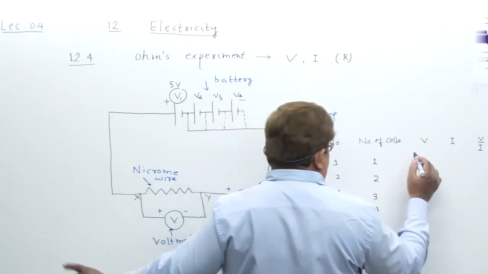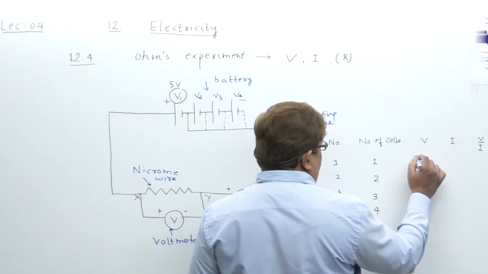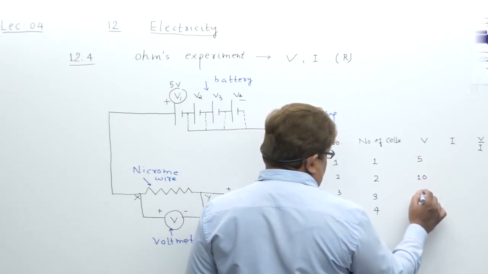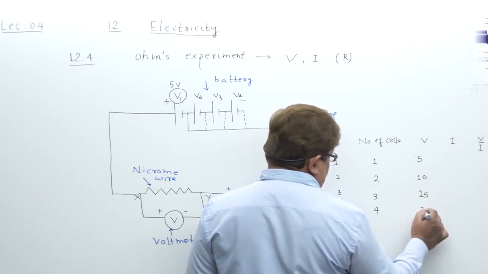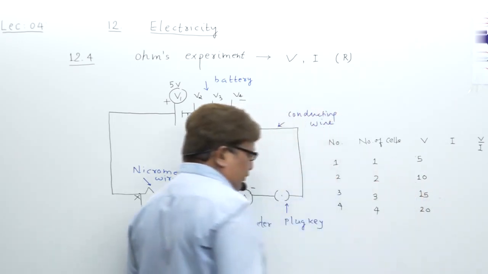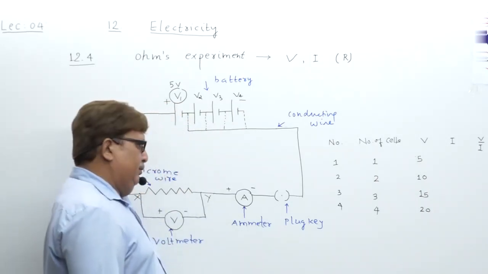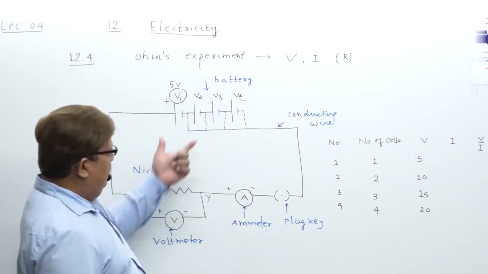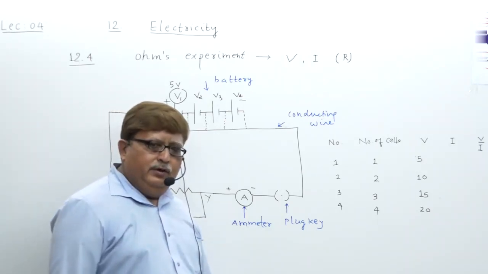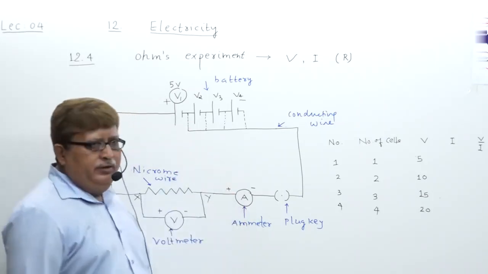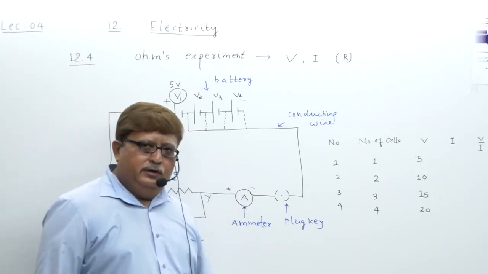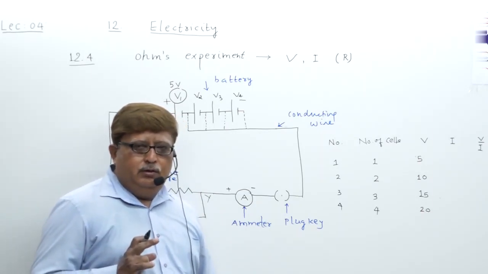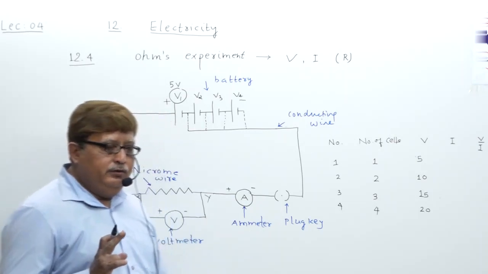Can you tell me, just now I explained, what could be the volt here? 5. 2 cells means 10, 15 and 20. Suppose, my dear student, to understand this in a more proper way, whenever you go on increasing the number of cells, the amount of current also increases.